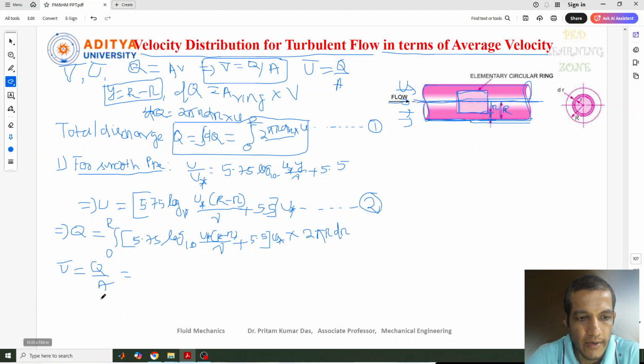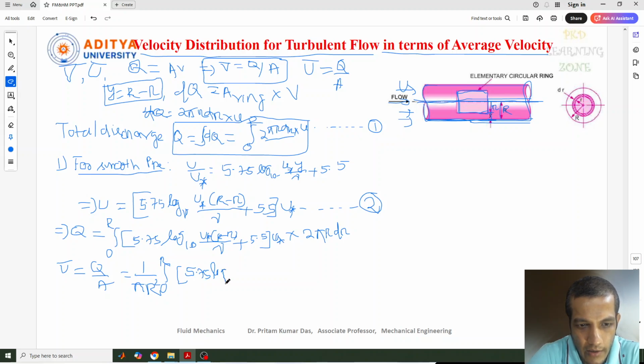So let's write the area pi R square, and multiply it with the Q value we got here: 0 to R, square bracket, the same equation, 5.75 log 10 of u star times capital R minus small r divided by nu, plus 5.5, bracket close, and again u star into 2 pi r dr.